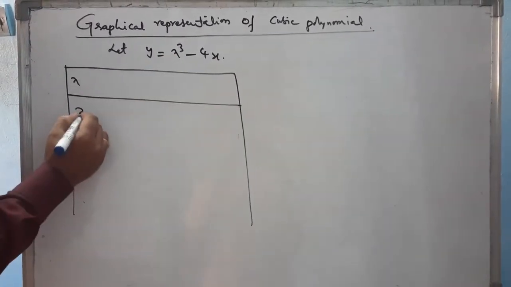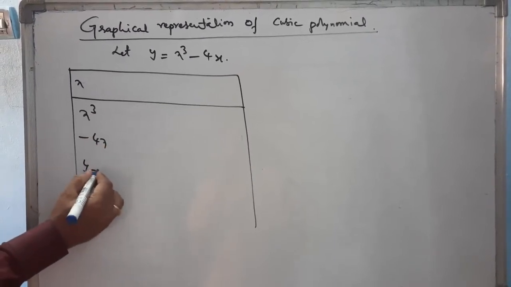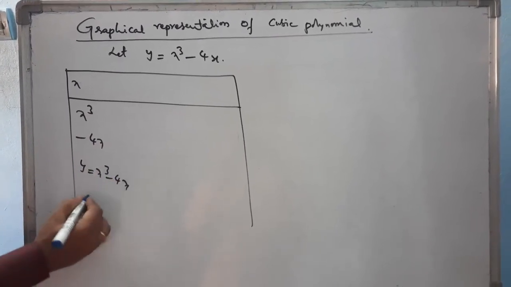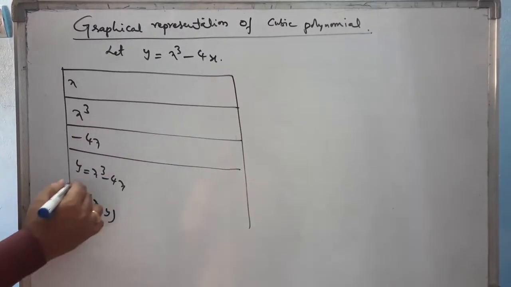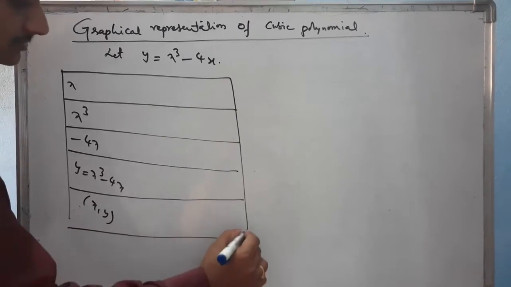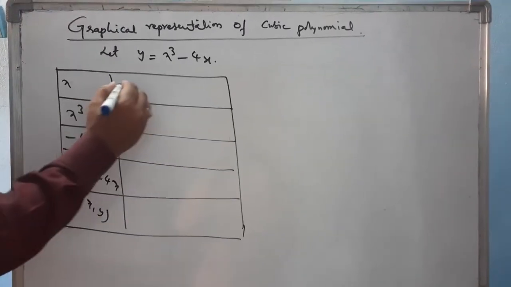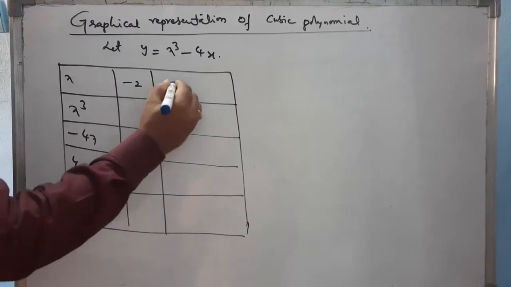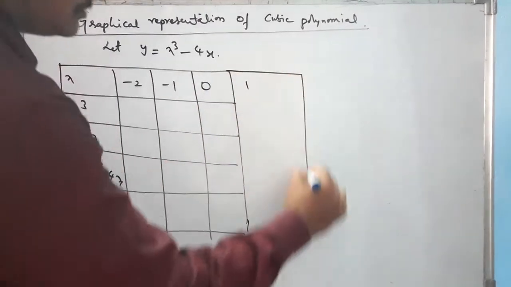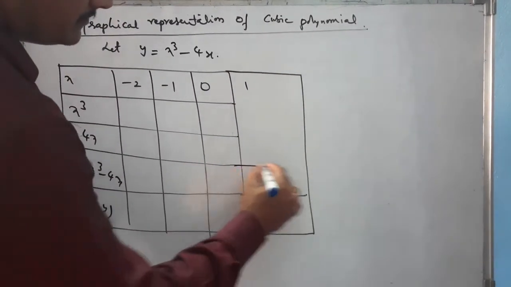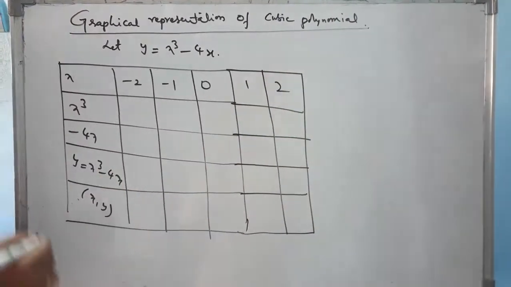So y is equal to x cube minus 4x, and x comma y. For this one we take x values minus 2, minus 1, 0, 1, 2.